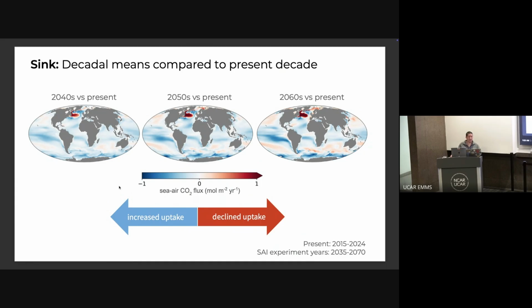So first, looking left to right at the plots, the carbon uptake in the Southern Ocean, do you see my mouse? Yeah. The carbon uptake in the Southern Ocean here persists, but in the subpolar regions, in all of the basins and in the Arctic, we see declined uptake with time. That's where we see these pale reds compared to the current decade.